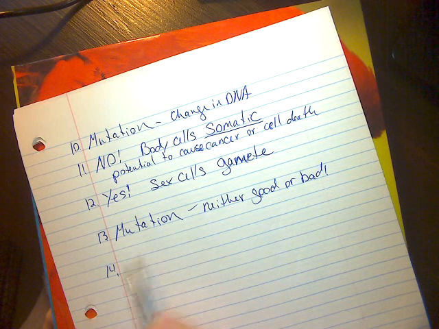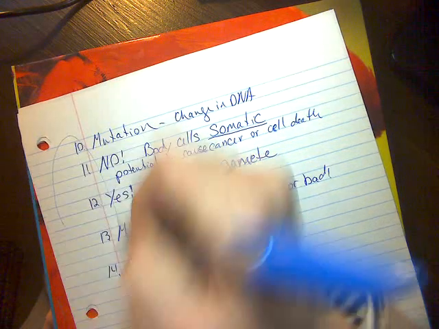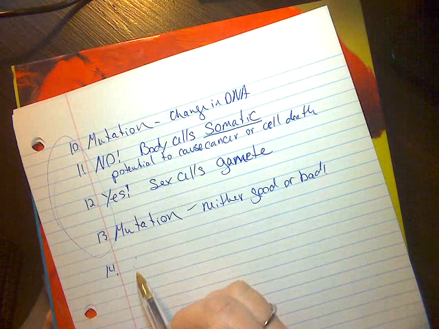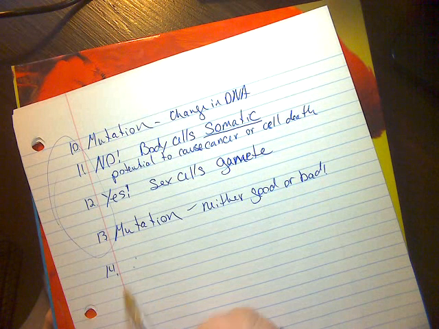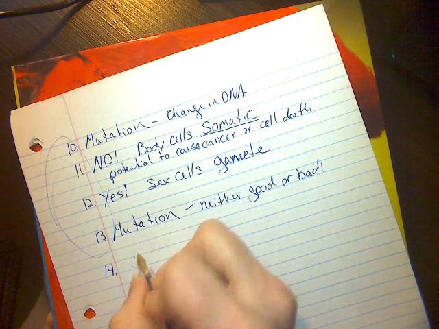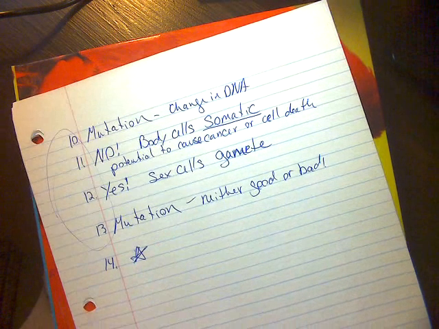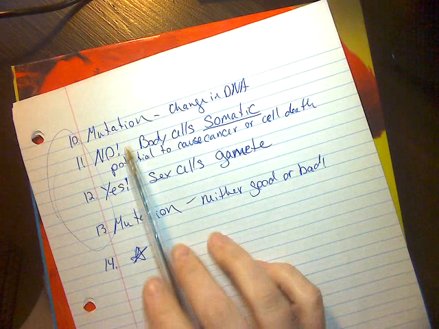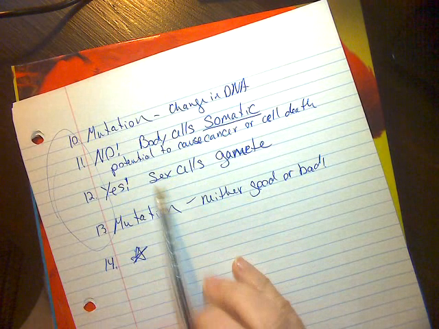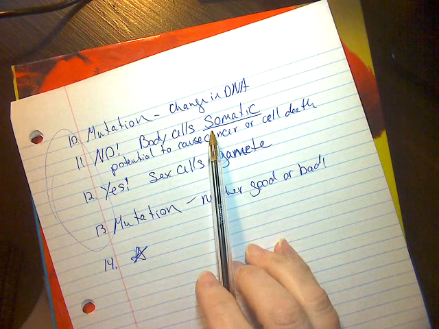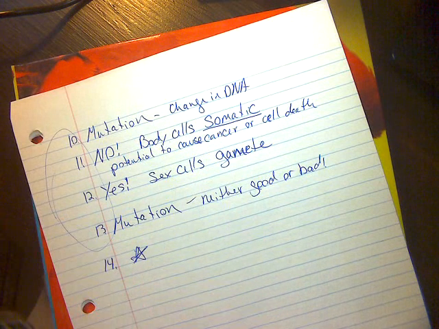That's basically all of this together as your answer for number 14. I will tell you on your test tomorrow, this number 14, this is what you're going to need to write about. So understanding that mutations happen, and depending on where they happen, whether in your somatic cells or your sex cells, they can have potentially different effects.